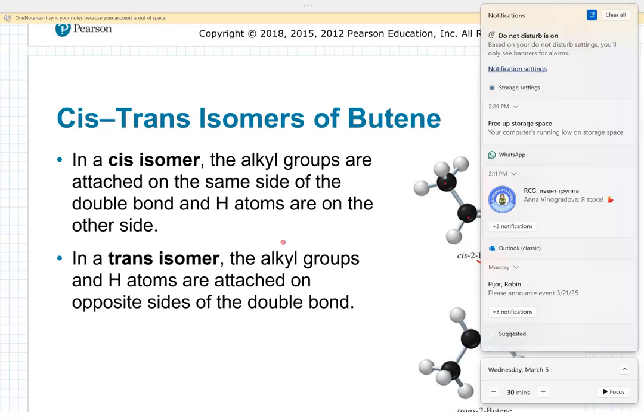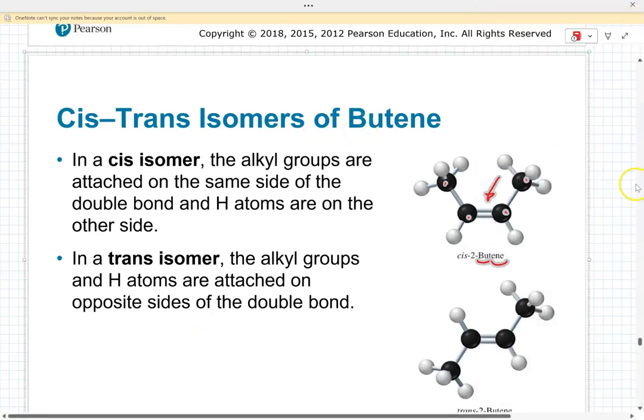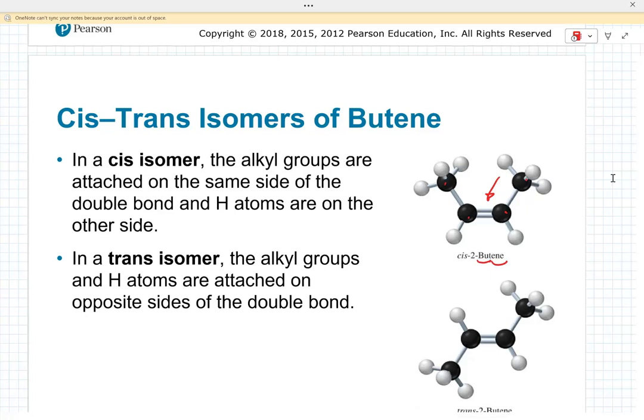Butene. Do we need to show where this double bond is? What is its position? We do, because it can be here or in the middle. So we give it number 2. Remember, the lowest number possible. So it shows you that the double bond is at the second carbon. And then we'll look at substituents.